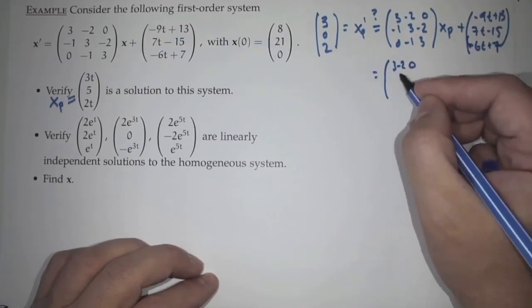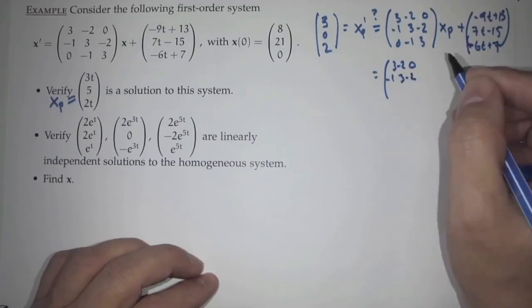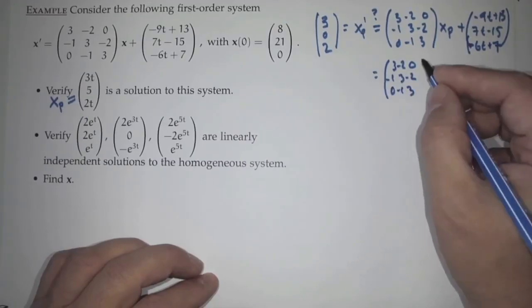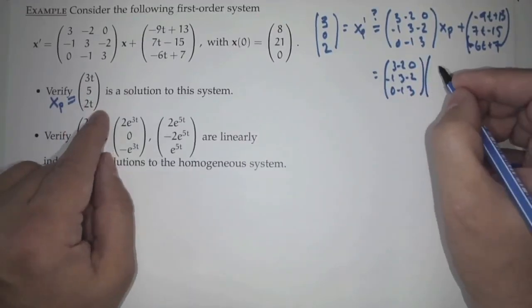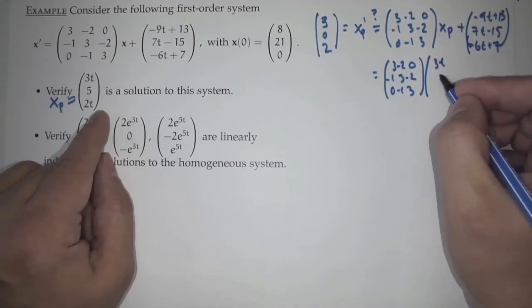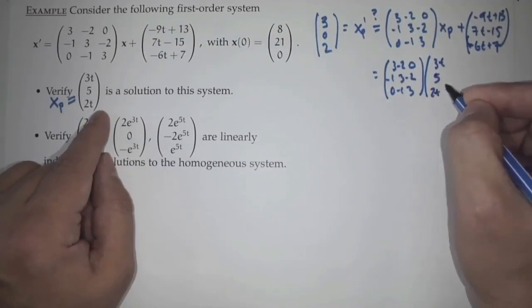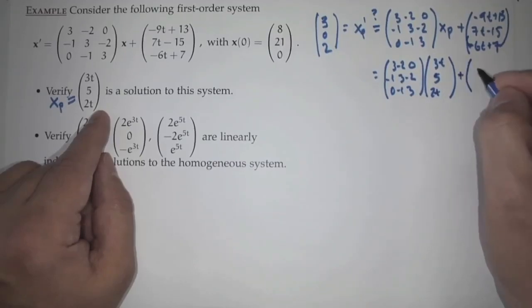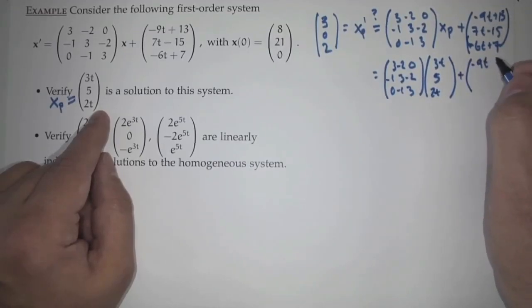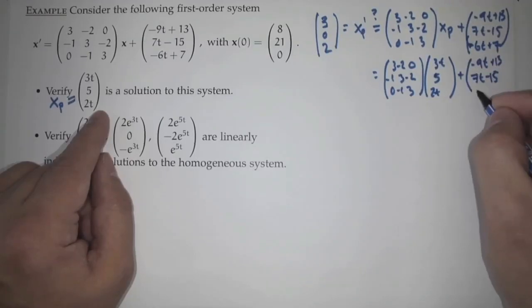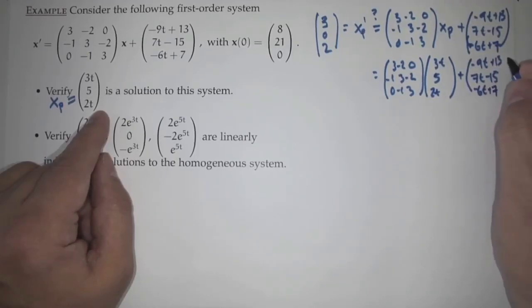We replace what we think is our answer, (3t, 5, 2t), and we're adding (-9t + 13, 7t - 15, -6t + 7).